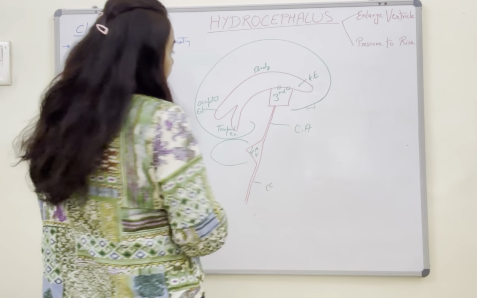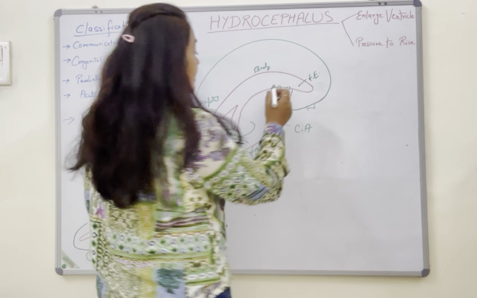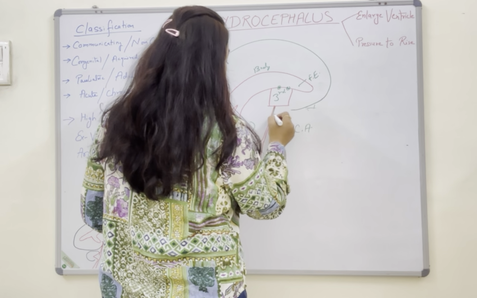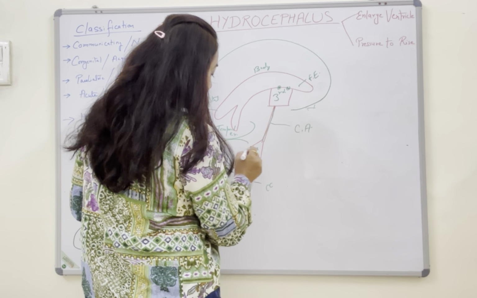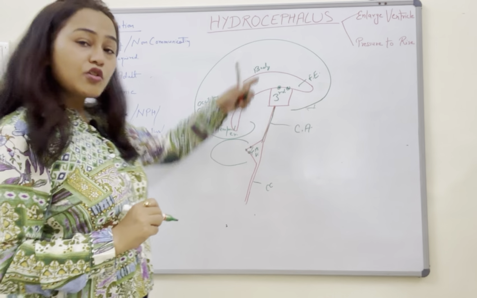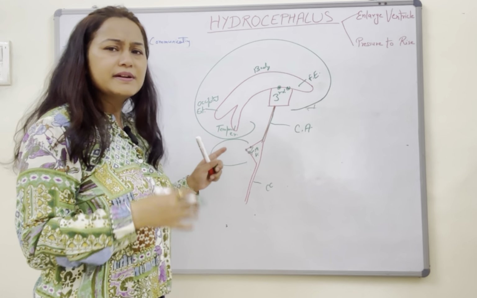So in obstructive type of hydrocephalus, as I have mentioned earlier, either there is obstruction in the foramen of Monro or the cerebral aqueduct, or in the outlets of the fourth ventricle, the foramen of Magendie and Luschka. Either of them gets clogged or obstructed by emboli, by thrombus, by anything.